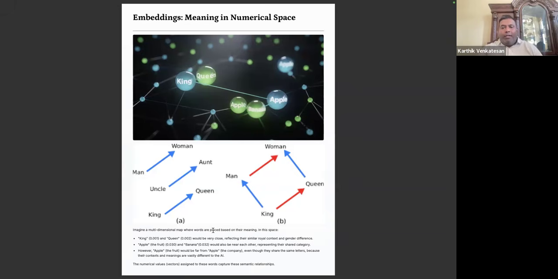Whereas dog and animal are not related to man, king, woman or queen, so it'll have a different set of vector numbers for dog and animal, 0.003252, something like that.